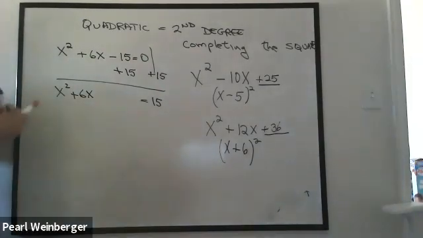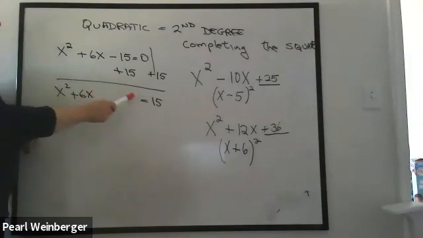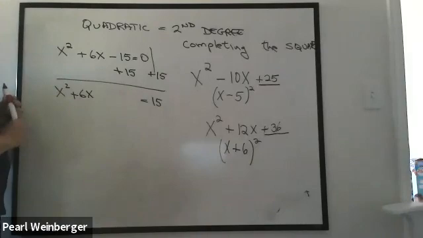What I'm going to do is complete the square on this side. Now, I only want to use this completing the square method if I have a leading coefficient of 1, which I do, it's just a plain x squared, and if the number in front of the x is even, which it is.